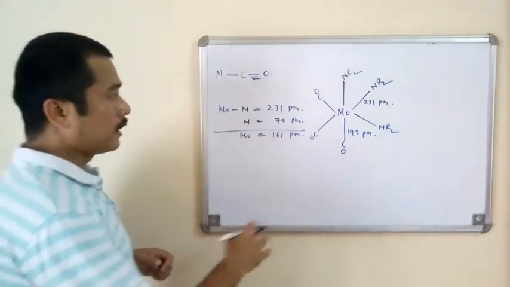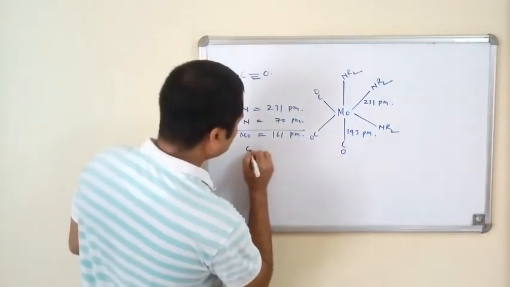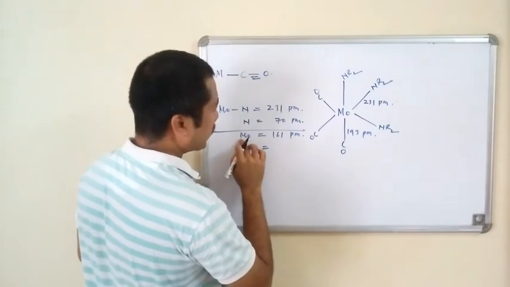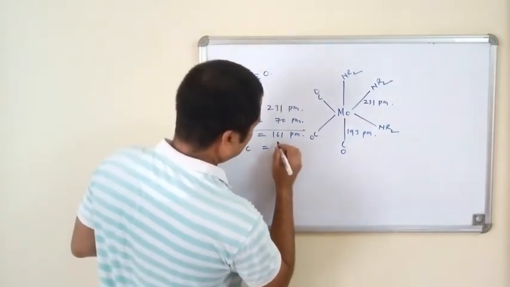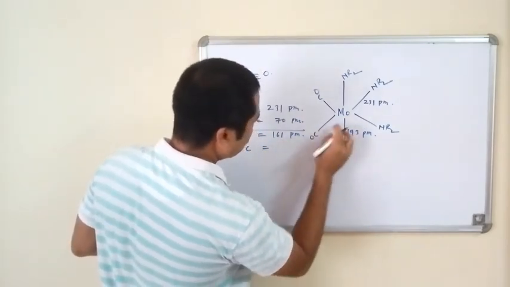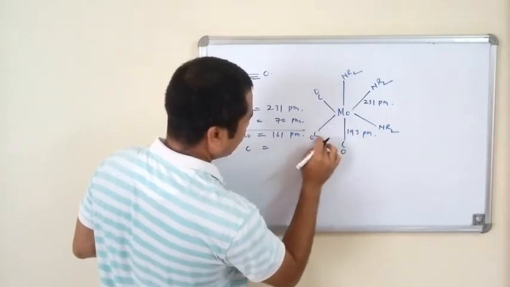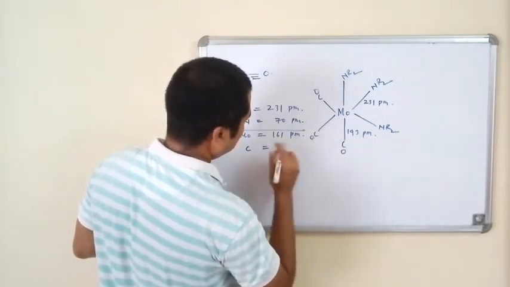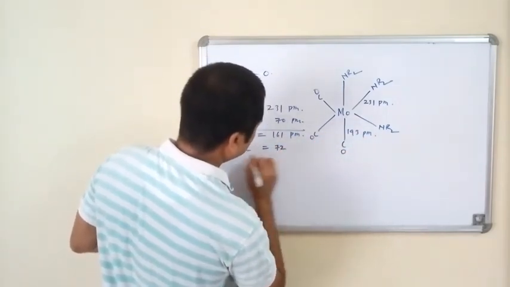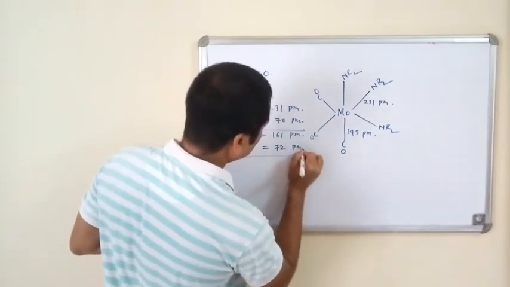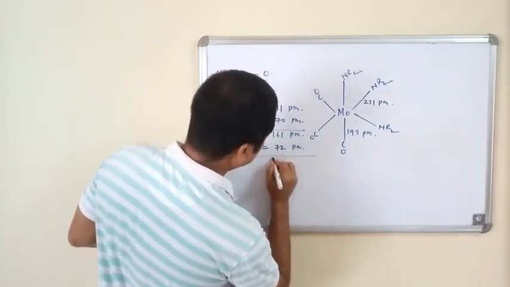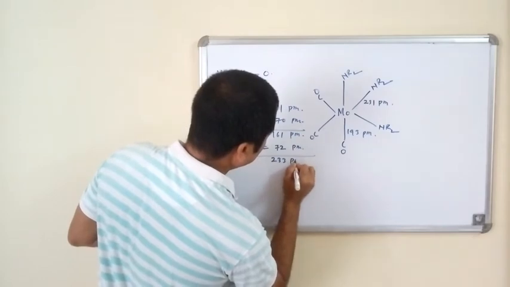Now if you add the covalent radius of carbon to this covalent radius of molybdenum, then you should get the single bond distance between molybdenum and carbon in this metal carbonyl complex. The covalent radius of carbon is 72 picometer, so this gives us 233 picometer.